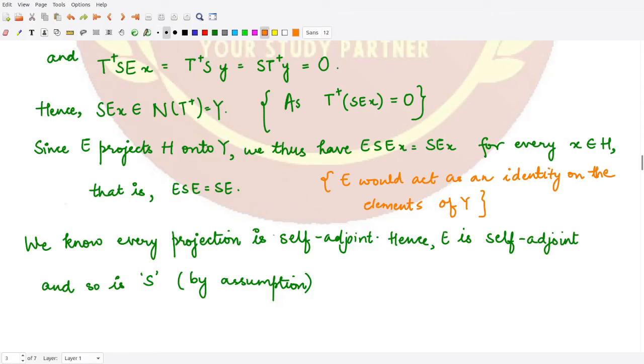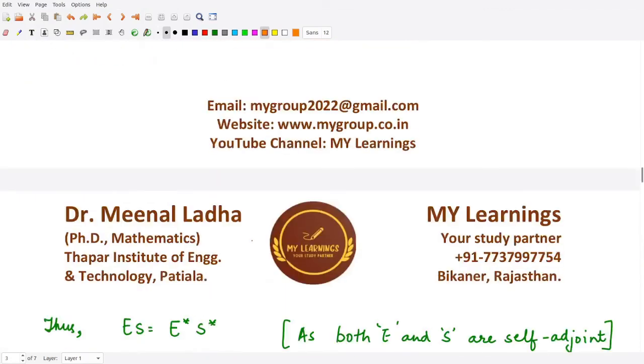And moreover, you know, every projection is self-adjoint as well as idempotent. So that means E is also self-adjoint, and we have assumed that S is a bounded self-adjoint linear operator. So S is also self-adjoint. Both E and S are self-adjoint in nature.